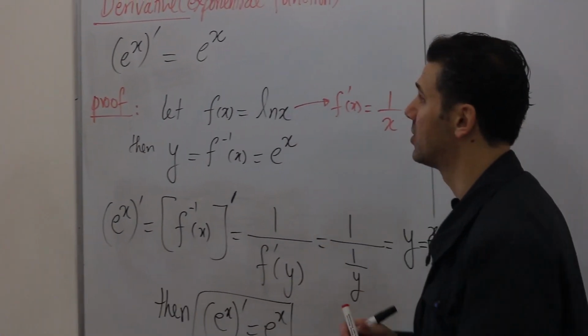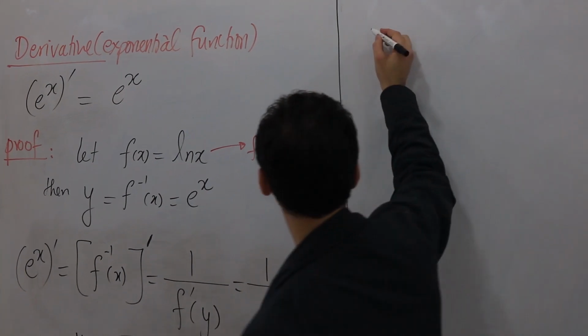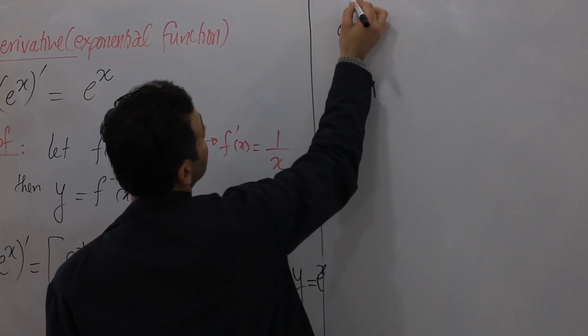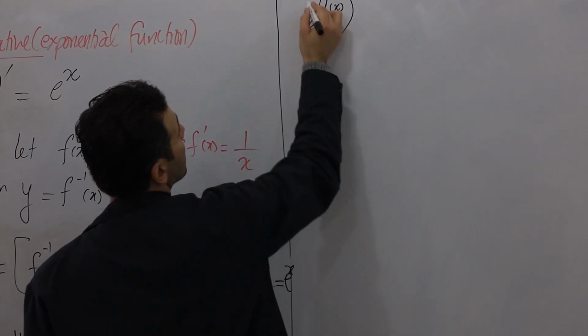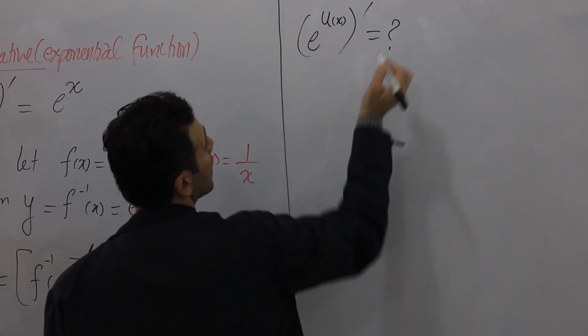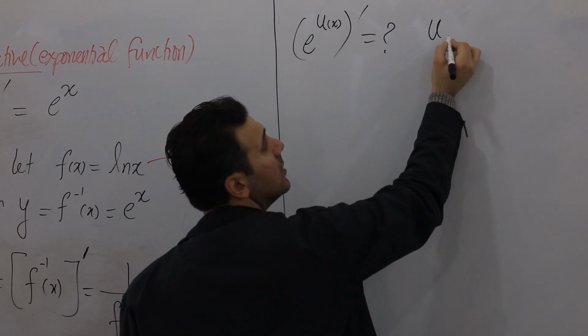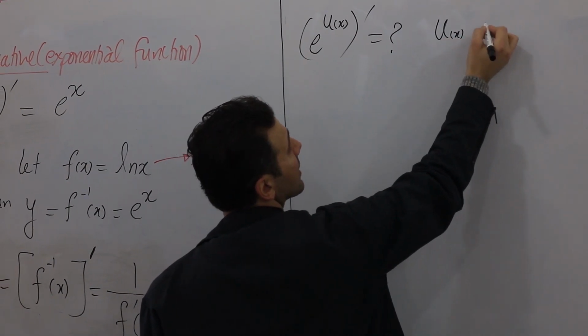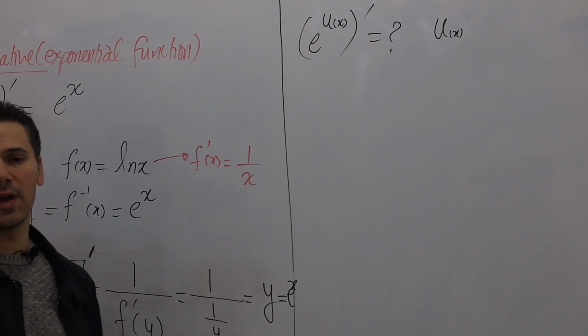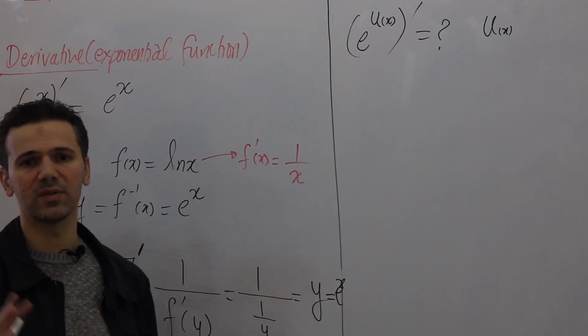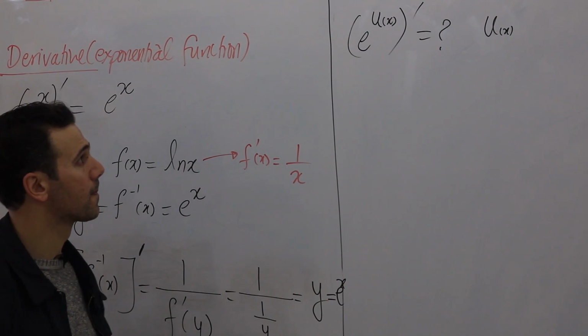The second case, the general case: what if we have e^u(x), the derivative of this equals what? Where u is a function of x. Let's say it is 2x plus 3 or x squared plus 5x minus 1, whatever.